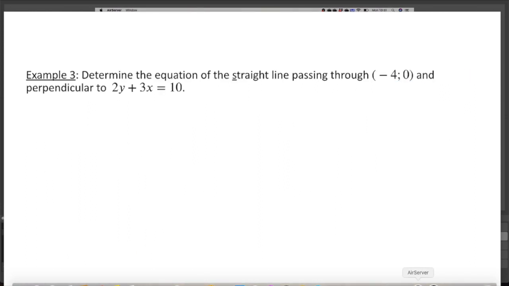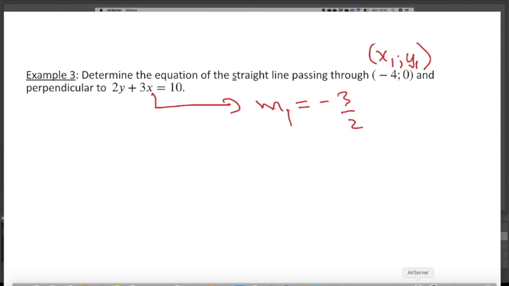Right, the last example, our line still passes through minus 4, 0. So x1 is still negative 4, and y1 is still equal to 0. Right, we now know the gradient of this line from the previous example. The gradient of this line, I want to call it m1. The gradient of this line is minus 3 over 2.